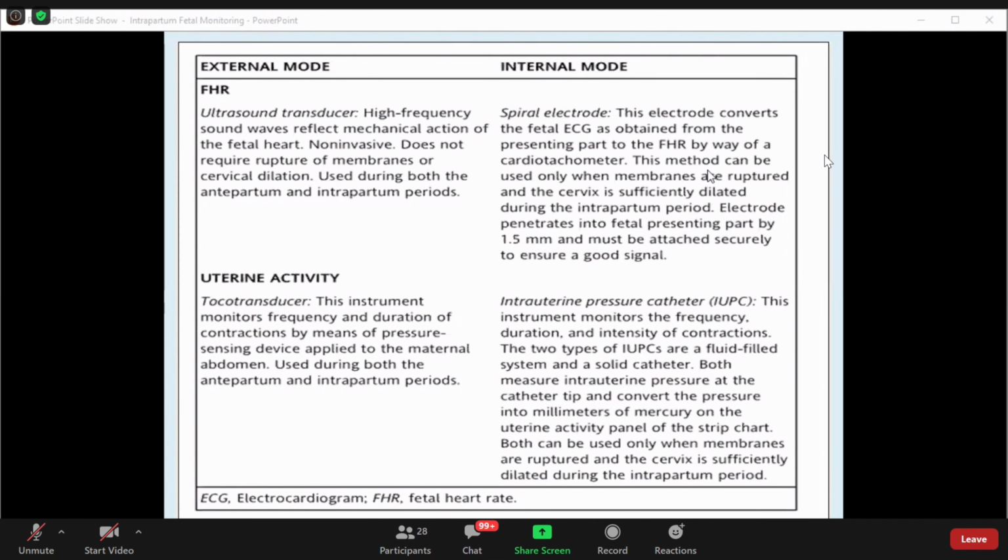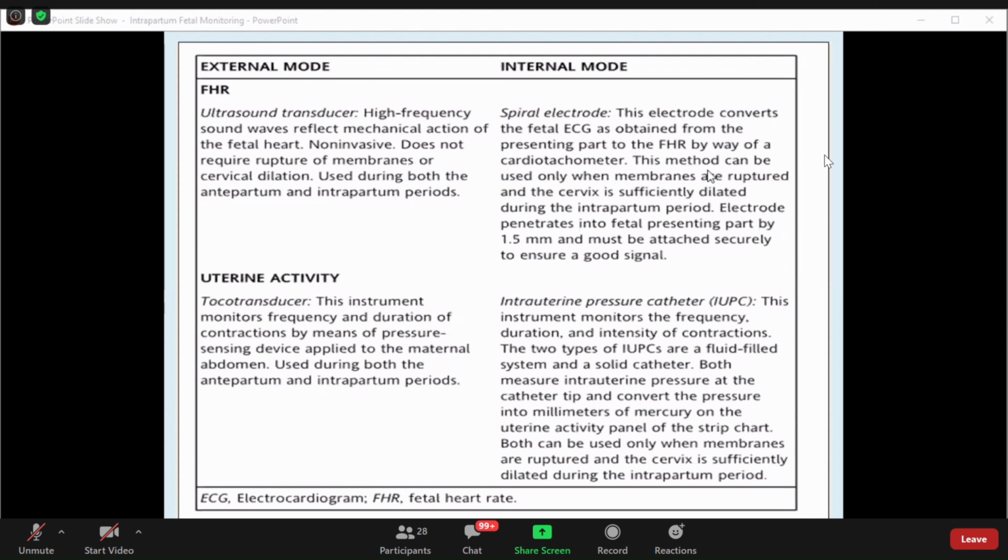So it measures what's happening with the uterine activity. Because it is in the uterine cavity, it is giving you a much more accurate reading than an external monitor that reads the uterine activity from the abdominal wall. This is actually inside, so it's giving you a much more accurate reading.